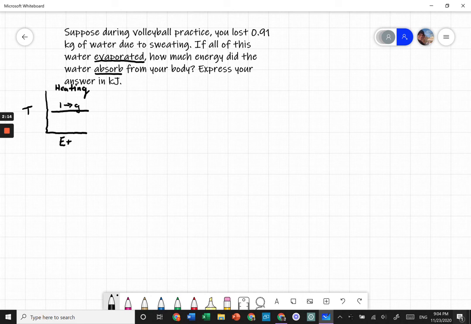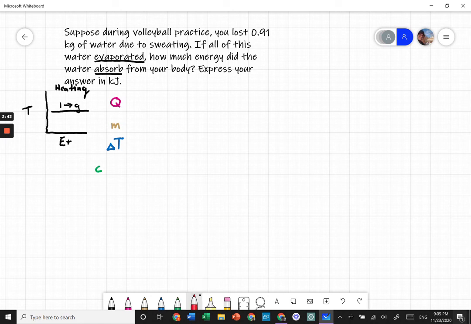After we have drawn our heating curve, what I like to do is draw a table that corresponds to the table we took notes on, that identifies the different information we have in our problem. So I will be looking for our energy, which is Q, our mass, which is M, a change in temperature, delta T, and then heat capacity.